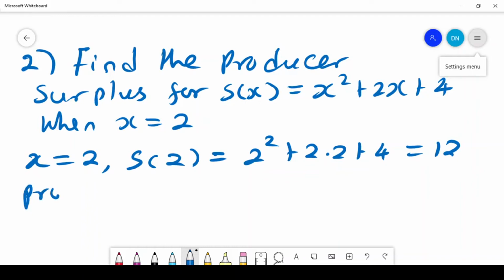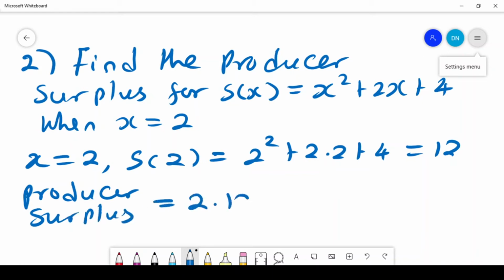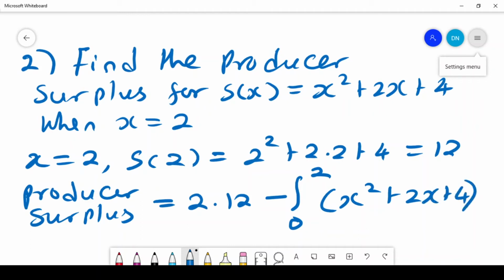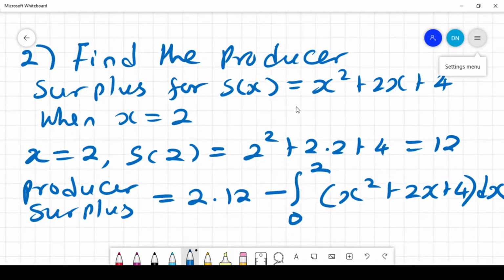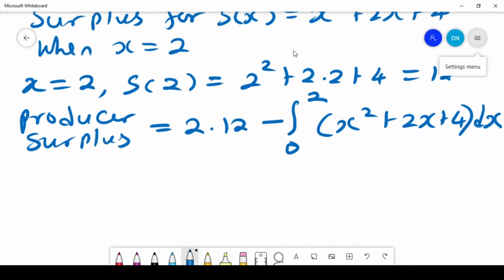So producer surplus will be equal to 2 times 12 minus the integral from 0 to 2 of x squared plus 2x plus 4 dx. That's what we have as a producer surplus.